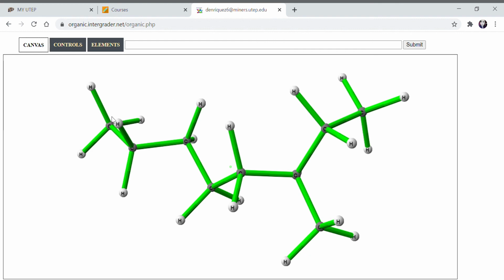So 1, 2, 3, 4, 5, 6, 7, 8 is our longest branch. Octane. We have a methyl down here. That's the only position I see. 1, 2, 3. 3-methyl. We count this way because we want the lowest number. I'd rather have a 3 than 6.